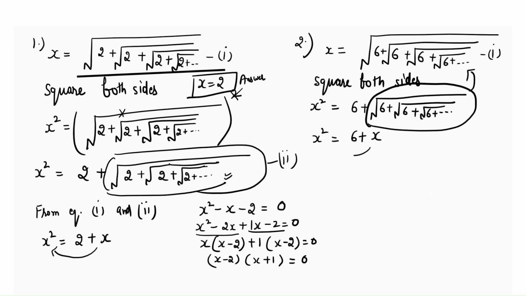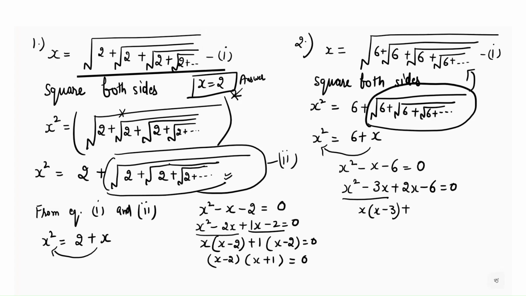Now we will take all the values to the left hand side. We'll get x squared minus x minus 6 equals 0. Now I have to make the factors of it. It would be minus 3x plus 2x minus 6 equals 0. I can take x common from it, I'll get x minus 3. I can take 2 common from it, I will get x minus 3 is equal to 0. Then it would be x plus 2 times x minus 3 is equal to 0.